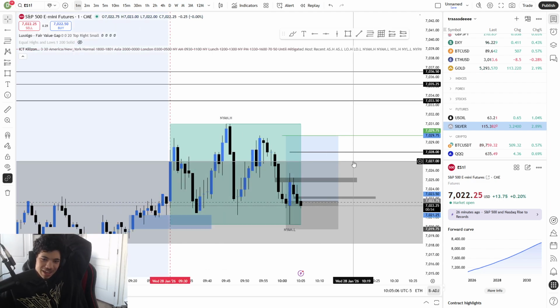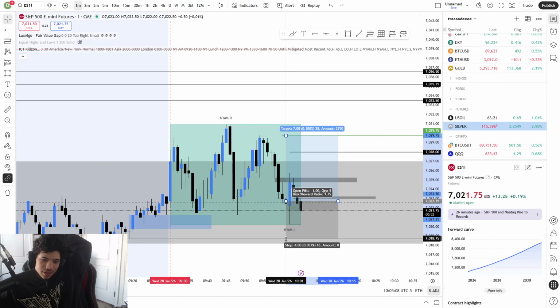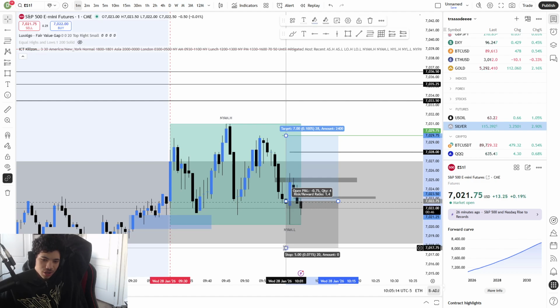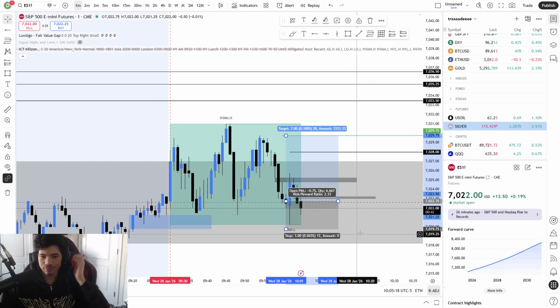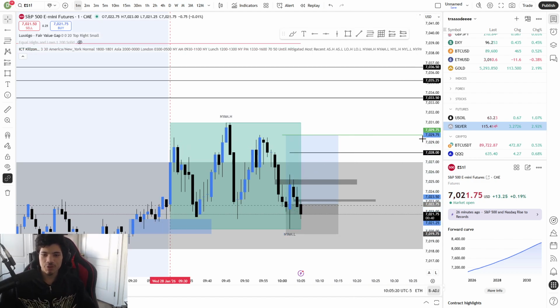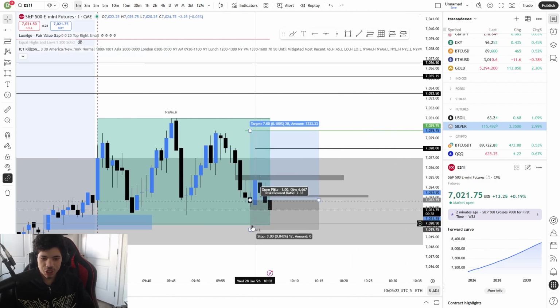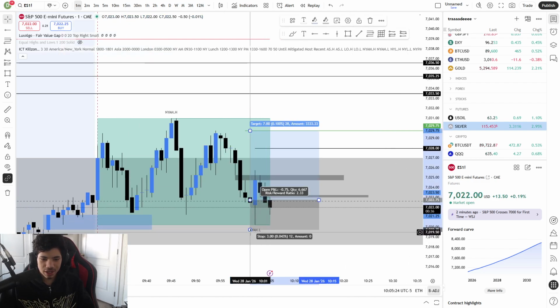Oh my god. It's not even... My stop's all the way down here. Should I move it up? I should for a better ratio, but I feel like that's going to absolutely take this out.